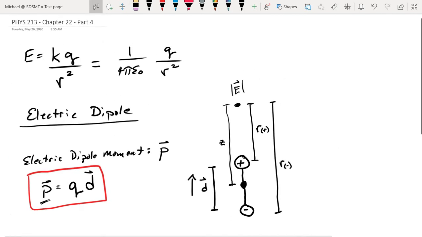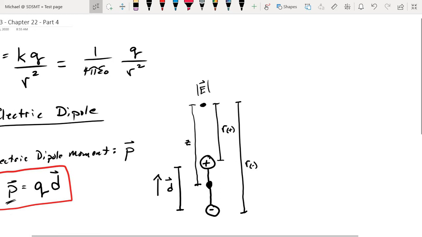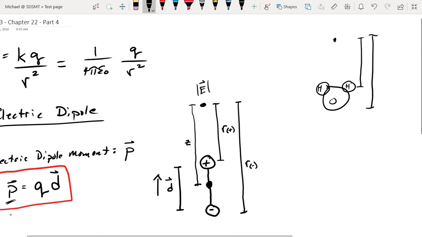So to answer that question, if we go back to, say, the water molecule with the hydrogens and the oxygen, if I wanted to measure the electric field that this water molecule was producing, well, the distances between the positive end of the water molecule and the negative end of the water molecule only differ by the value of D.